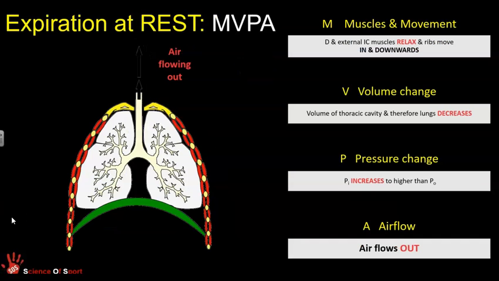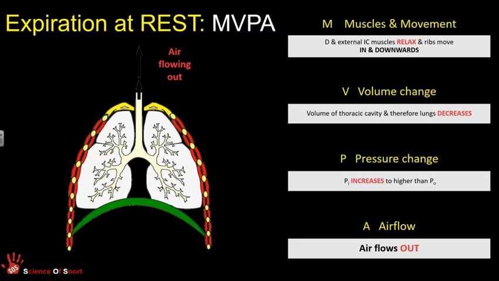So expiration at rest. Again, we can use the MVPA process to explain how we move air from inside our lungs and expel it out through our respiratory system into the external environment, into the atmosphere. In order to breathe in, we had this muscular contraction, we moved our ribcage up and out, we contracted our diaphragm and flattened it, which changed the volume, which changed the pressure, and air flowed in.